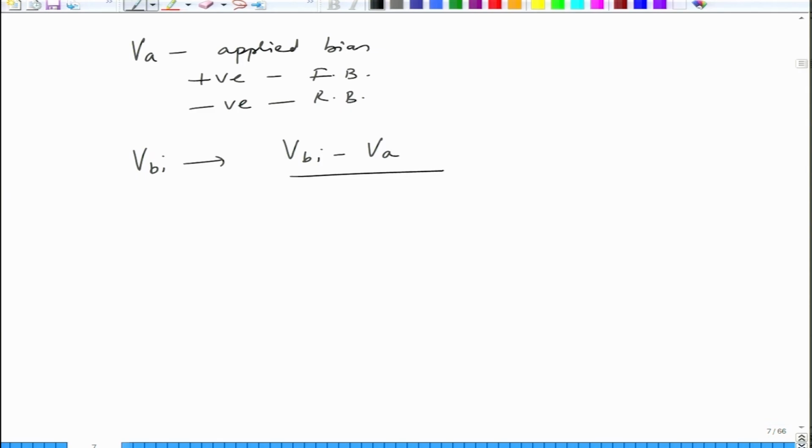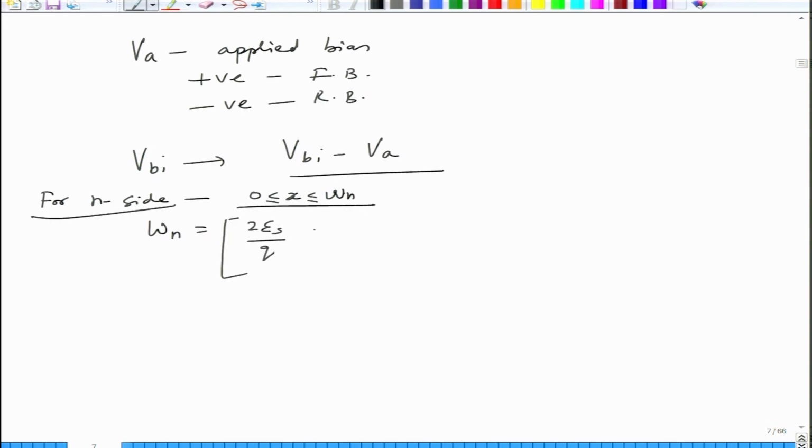Okay. So for the N depletion region, for the N side, for x between 0 and Wn, Wn will become (2 epsilon s divided by q into VBI minus VA into Na divided by Nd into Na plus Nd) to the power half.